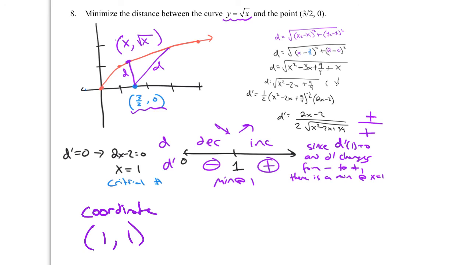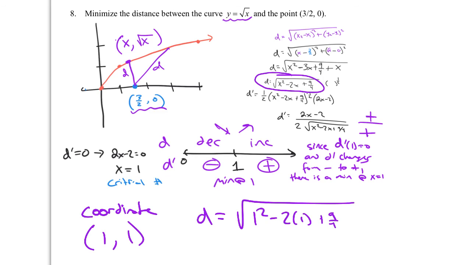Right? And what would the distance be? Let's plug it in. D equals, I have this distance equation right there. Square root of 1 squared minus 2 times 1 plus 9 over 4. So that'd be square root of 1 minus 2 plus 9 over 4. And we just simplify this.